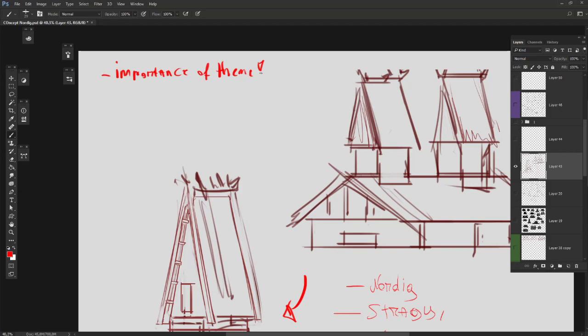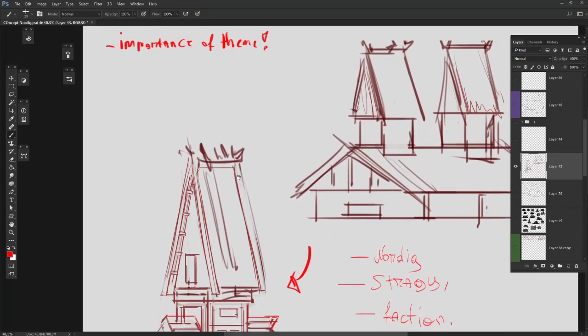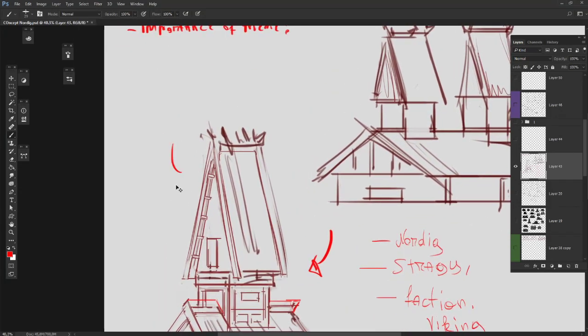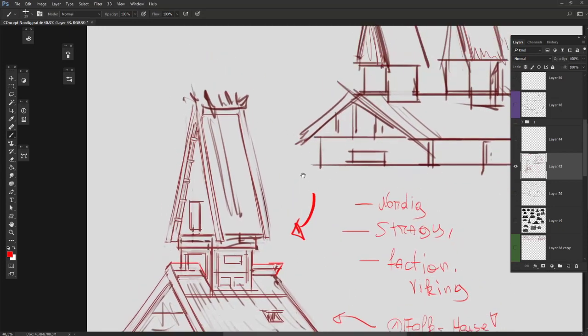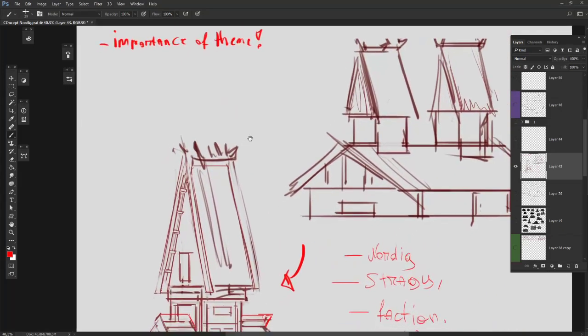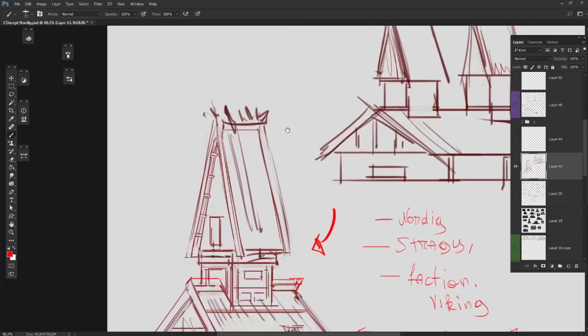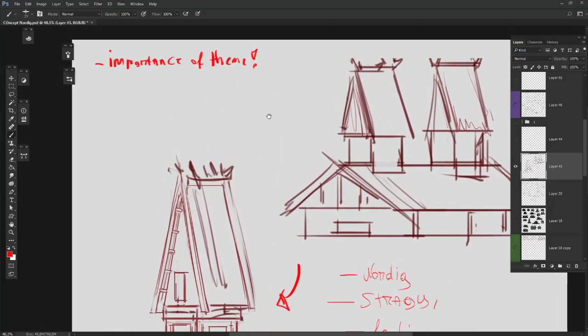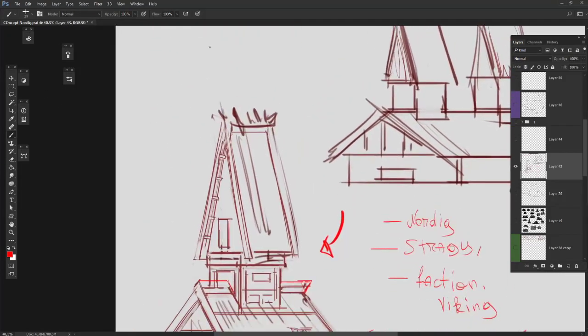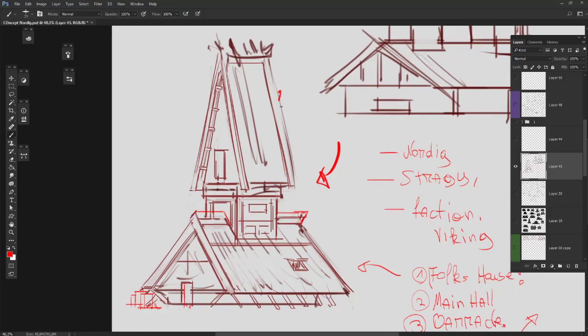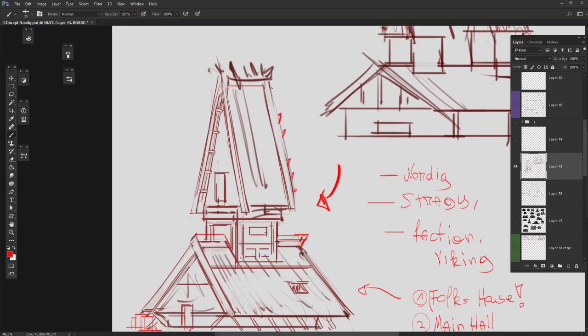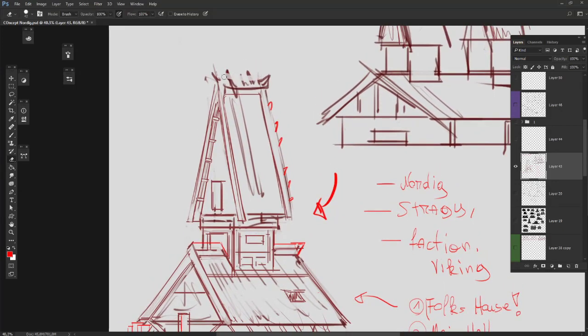So, let me get straight to the first main point, which is actually exploring ourselves into the thumbnail process. In order to create different kinds of ideas, we need to execute a couple of things.